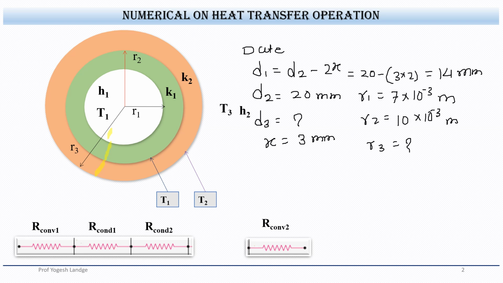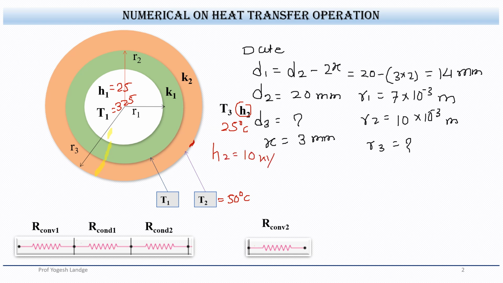Apart from this, the data with us is the temperatures. T1 temperature is given as 325. T3 is the surrounding temperature, 25 degrees Celsius, and the temperature at the surface, T2, is given as 50 degrees Celsius. Apart from this, the H1 value, the inside heat transfer coefficient, is given as 25, and H2 is given as 10.